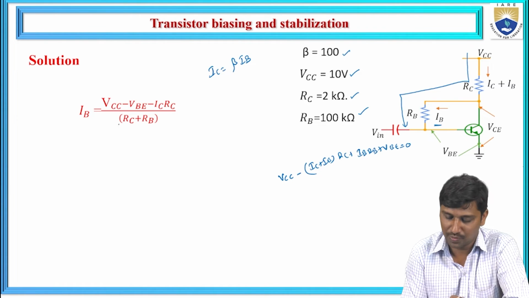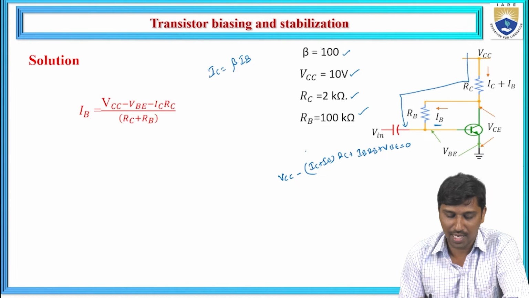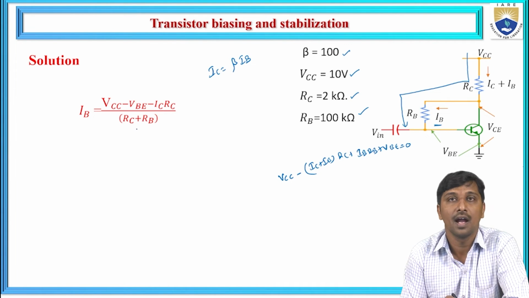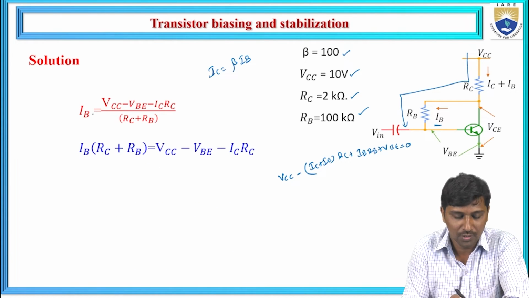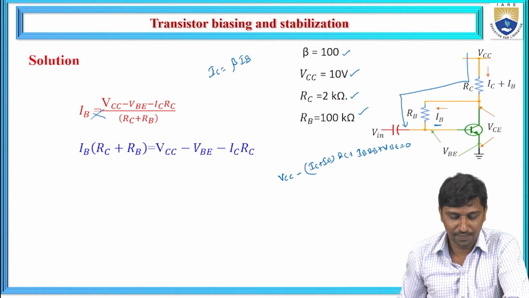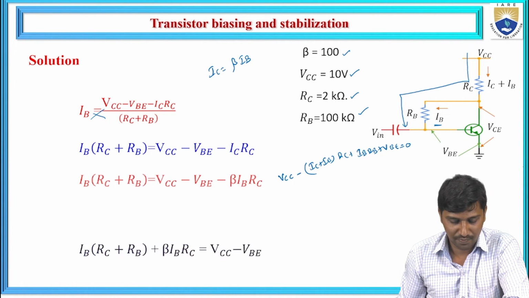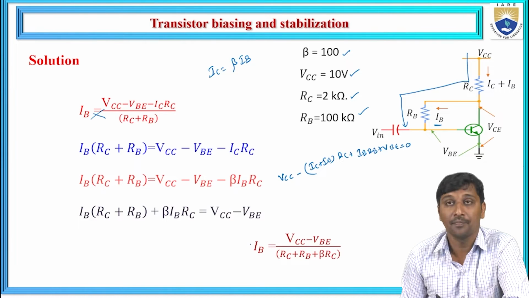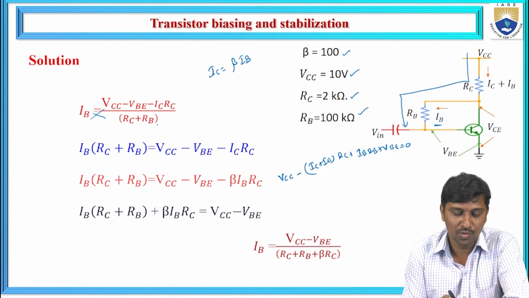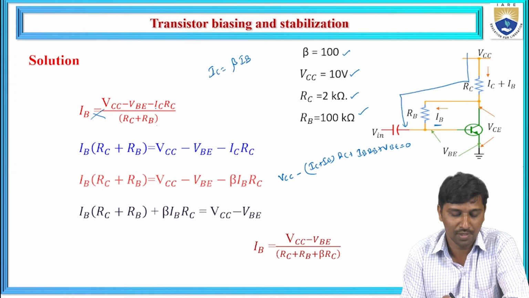IB is equal to (VCC minus VBE minus IC times RC) by (RC plus RB). Now we need to derive the IB in terms of the known parameters. If you observe this relation, here IC is an unknown parameter, so this mathematical relation we are going to convert into known parameters.